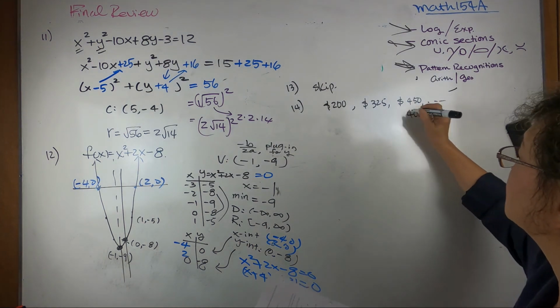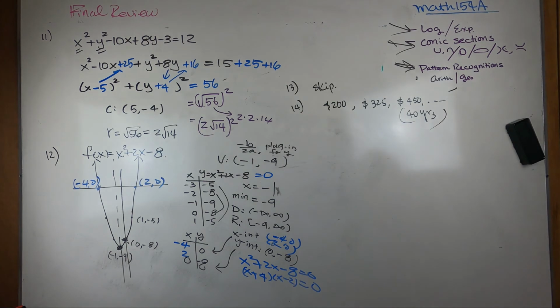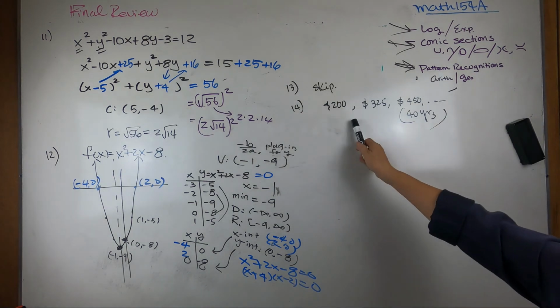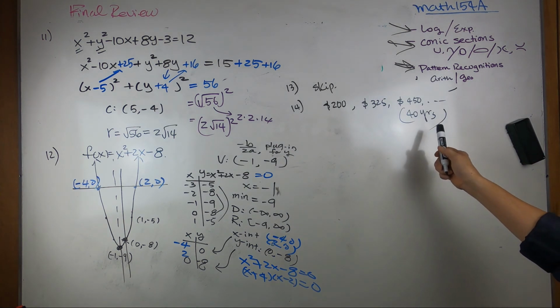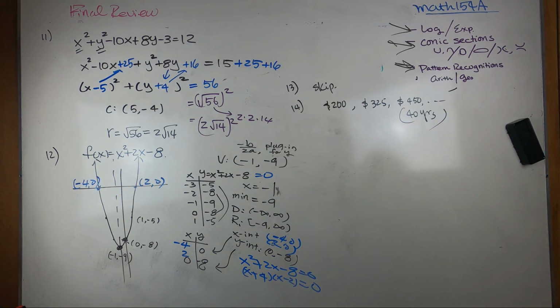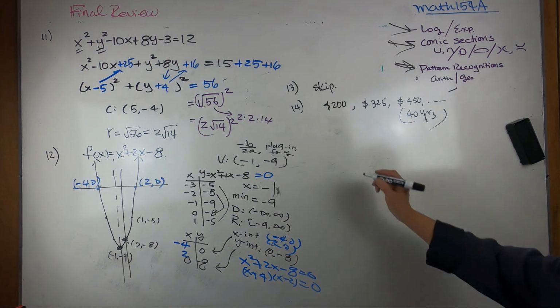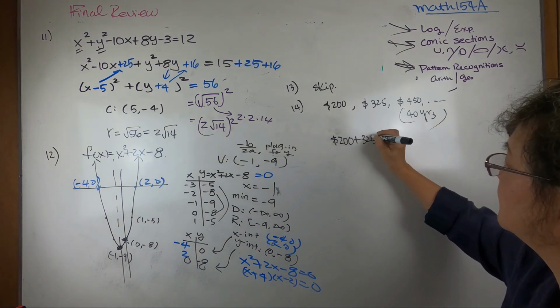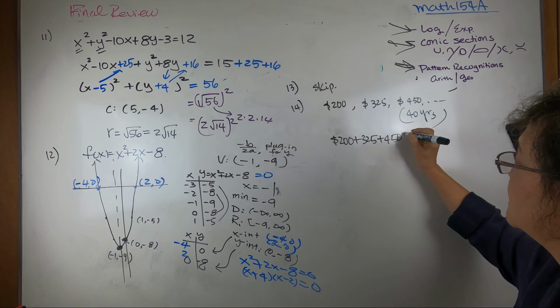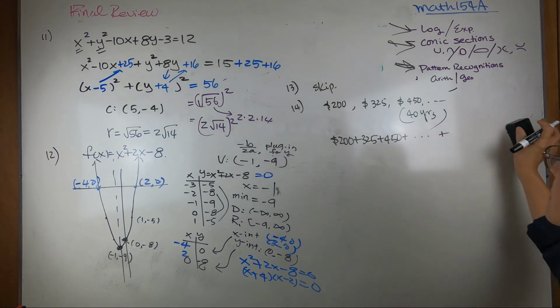That would take forever, right? So each year, gradually more and more and more. So what was the question? How much will she save over a period of 40 years? That means what? We have to find the total. So it's 200 plus 325 plus 450 plus all the way, right?